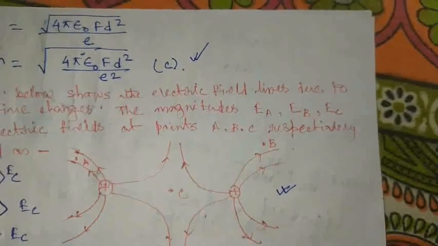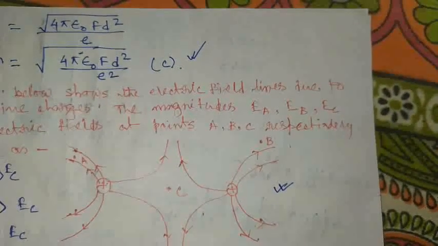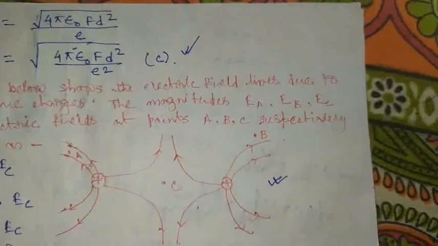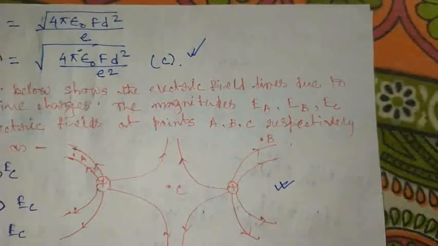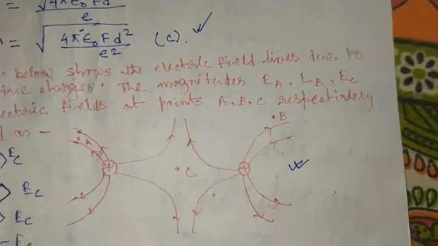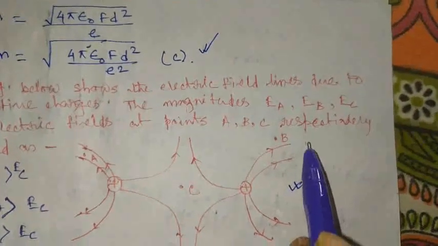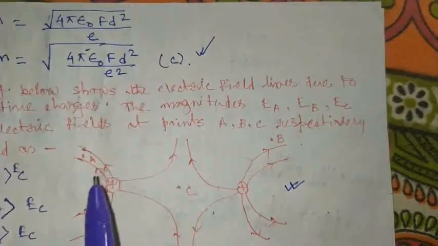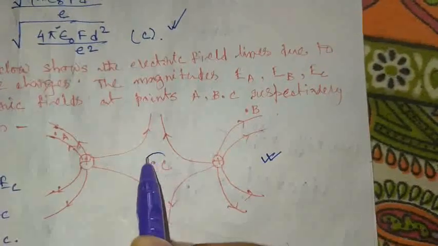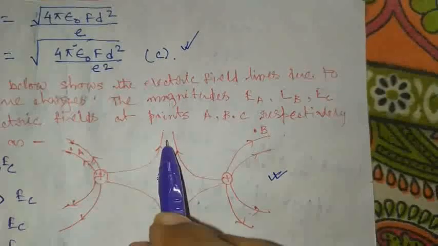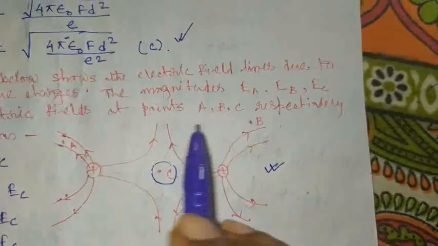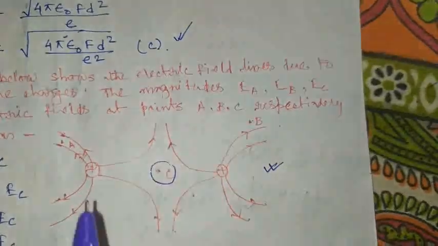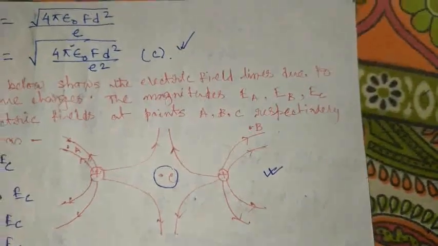So where the density of flux lines is more, the field strength is also high. Remembering that property, we can say around point C, the density of flux lines is lowest among points A, B, C.